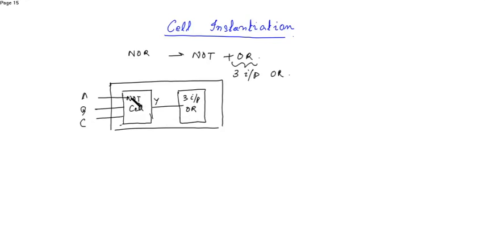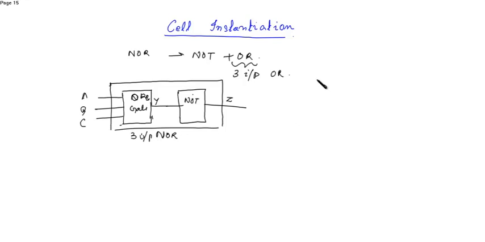Sorry, this should be OR gate here first, and here it should be the NOT gate. So the output of the OR, Y, will be the input to the NOT, and the obtained output Z will be the output of a 3 input NOR gate.